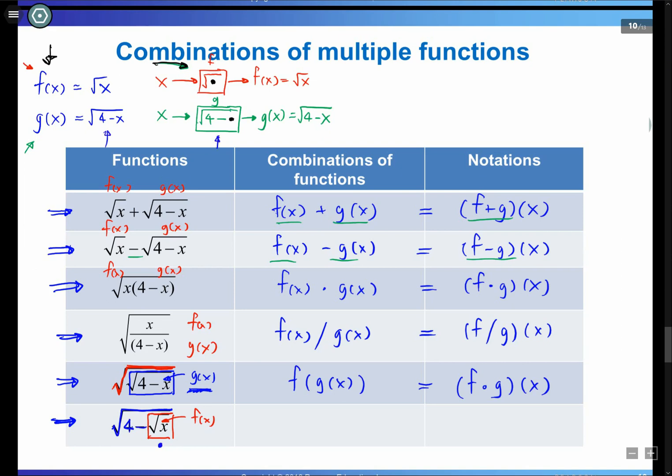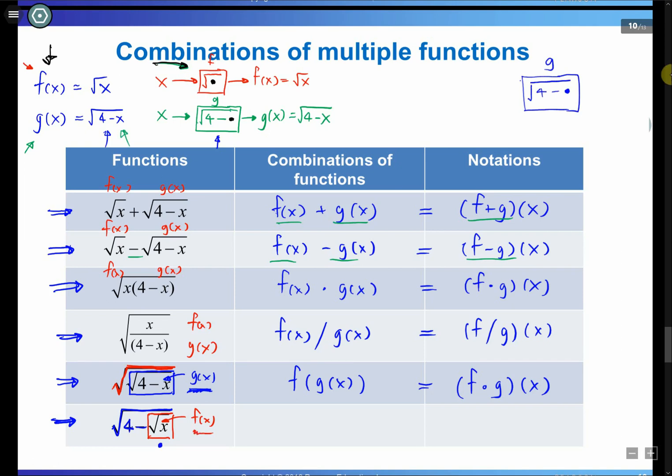Which means that for the last example, the most outside function is g. So let's write it down right here. Last one, the most outside function is g, and g has this job, square root of 4 minus the input. But now the input is not x like we had here. This input is more complicated. It becomes f of x.